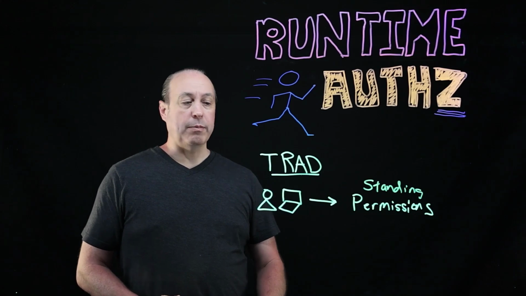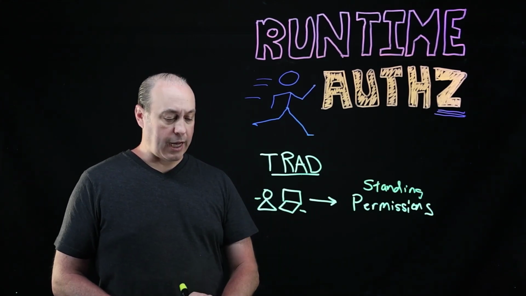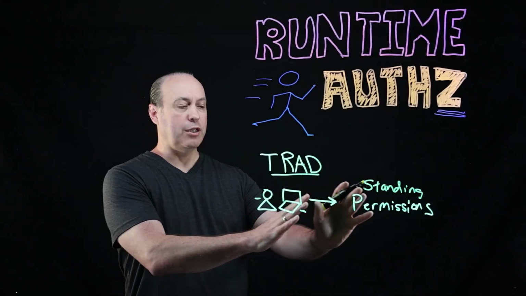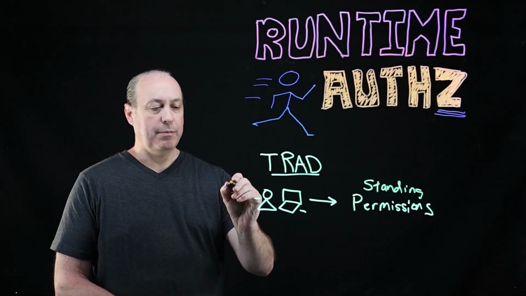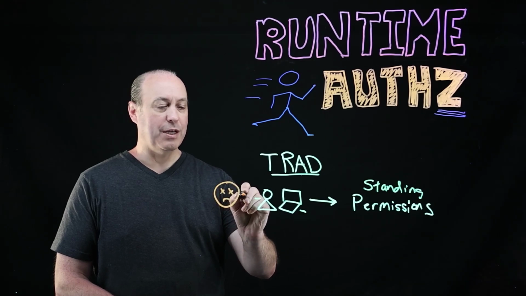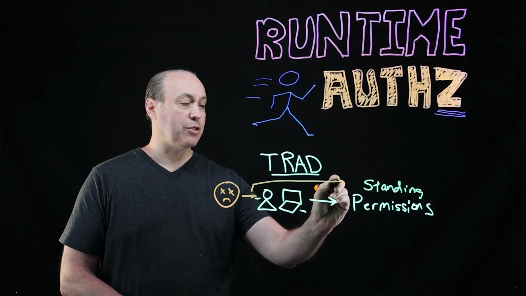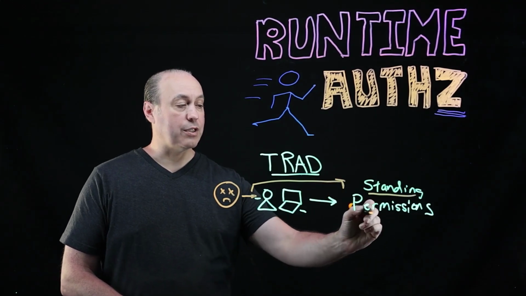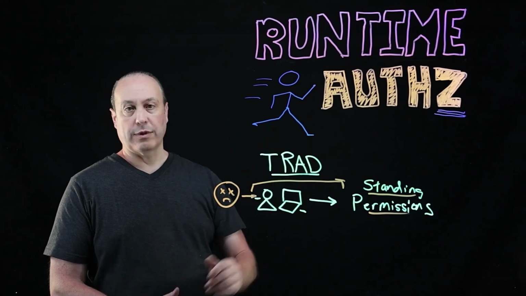They're all well and good, because when this machine or this user needs to get access to something, all they need to do is provide their credential and they're in. Now, the bad news is, the bad guys have known that for a very long time, and they will steal those credentials, and guess what? Once they've stolen those credentials, they are now onto your standing permissions, your standing access, your authorizations.